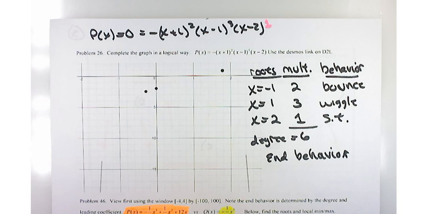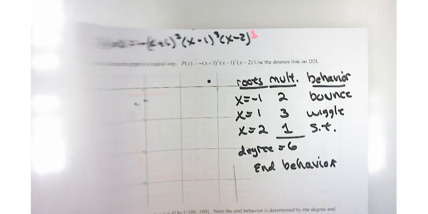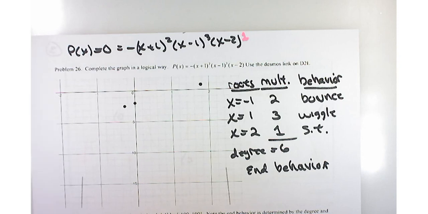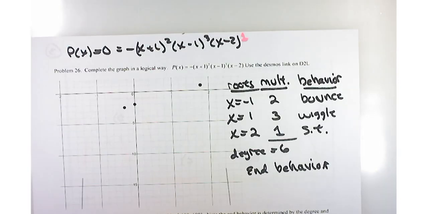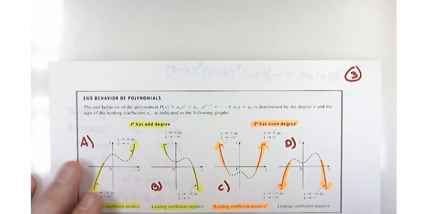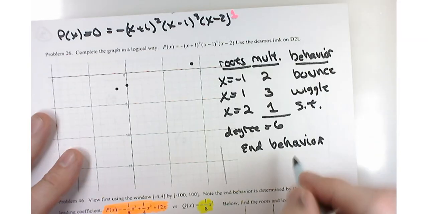Which end behavior am I going to get if I have a degree of 6? Yeah, so it's going to be D. There we go. D. I shouldn't have written on the back of this one. Darn it. All right, so it's going to be D. End behavior is D.